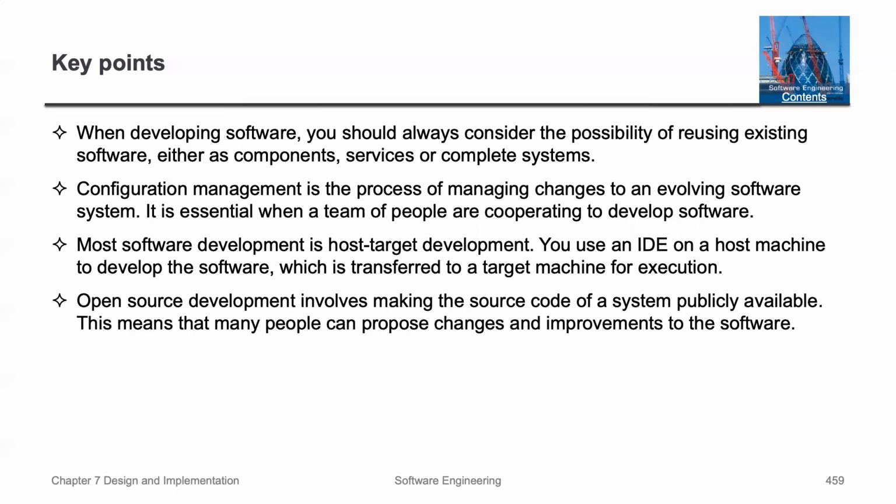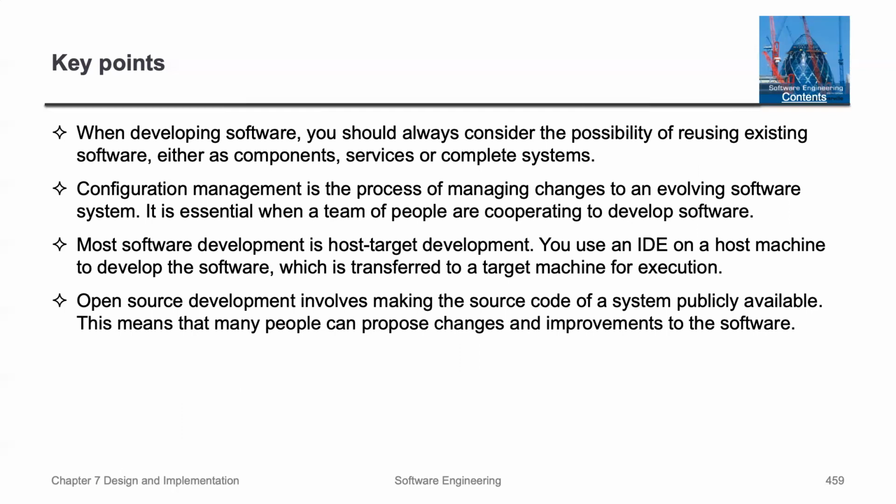And to finish up here, when developing software, you should always consider the possibility of reusing existing software, either components, services, or complete systems. Configuration management is a process of managing changes to an evolving software system. It is essential when a team of people are cooperating to develop software.